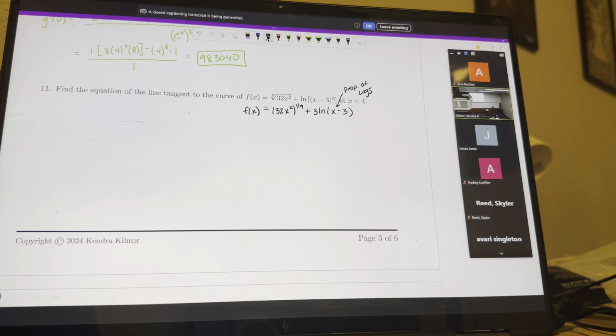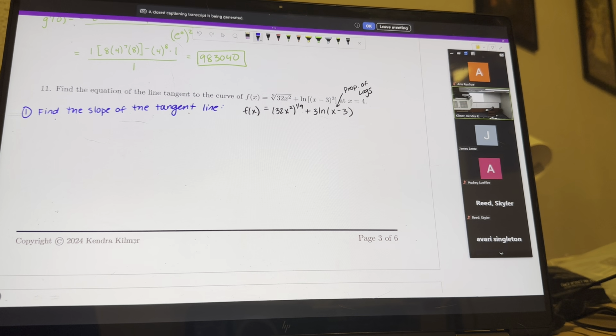And so if we're wanting to find the equation of the tangent line, the first thing we need to do is find the slope of the tangent line. And how can we find the slope of the tangent? Okay, so we need to find the derivative, and then we're going to evaluate the derivative at x equals 4.